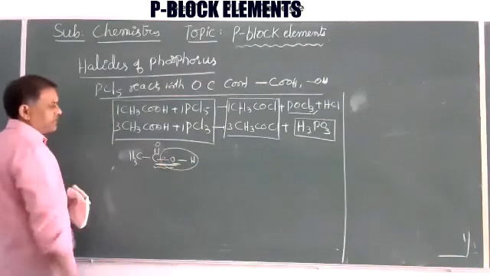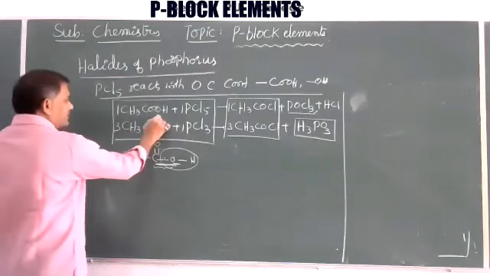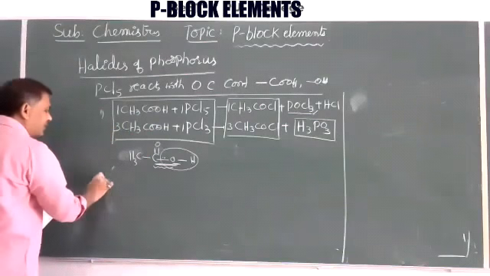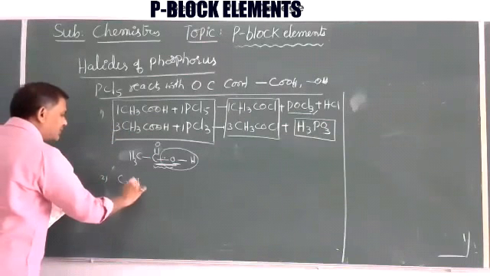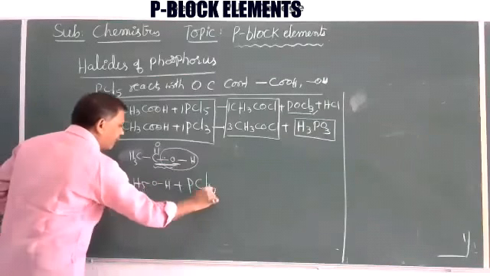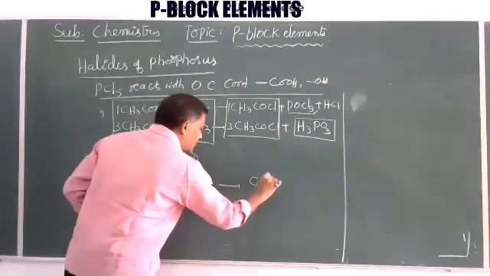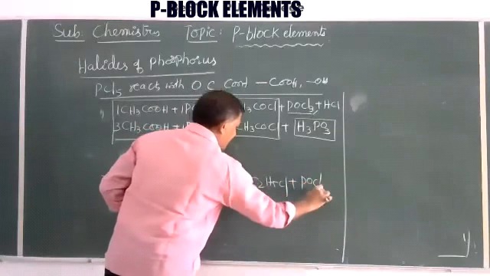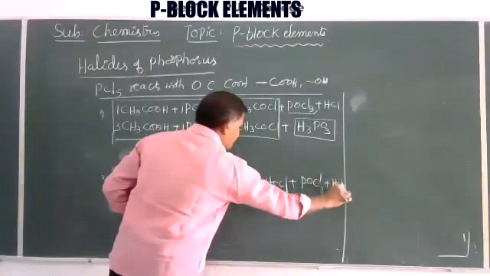Just like carboxylic acid, the second reaction is alcohol, C2H5OH, reacting with PCl5. It gives C2H5Cl plus POCl3 plus hydrochloric acid.